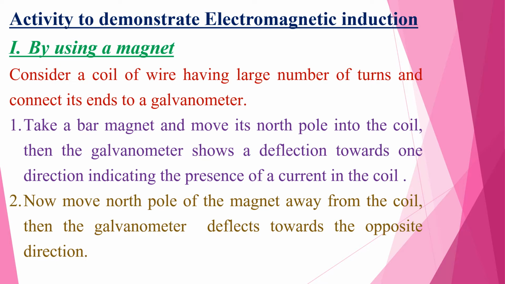Take a bar magnet and move its north pole into the coil. Then the galvanometer shows a deflection towards one side, indicating the presence of an electric current in the coil. Now move the north pole of the magnet away from the coil, that is in the outward direction. Then the galvanometer deflects towards the opposite direction.